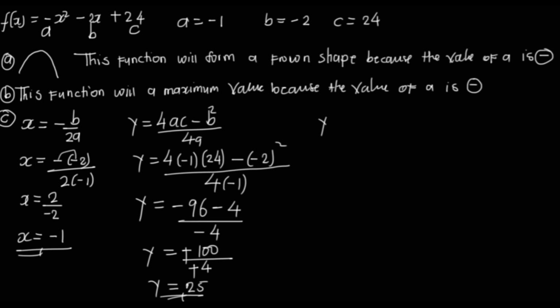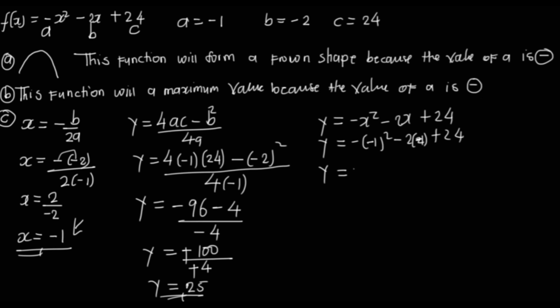Let's also find it using the equation. The equation is y is equal to negative x squared minus 2x plus 24. From the x coordinate of the turning point, we have negative 1. So negative 1 squared, minus 2 times negative 1, plus 24. Here we have negative 1 times negative 1, then we are going to have plus 2 plus 24.